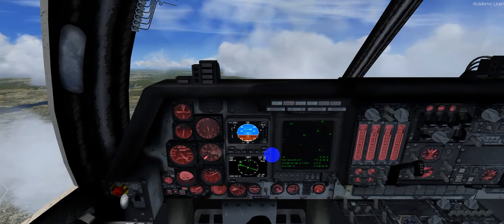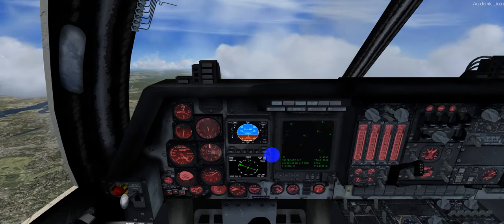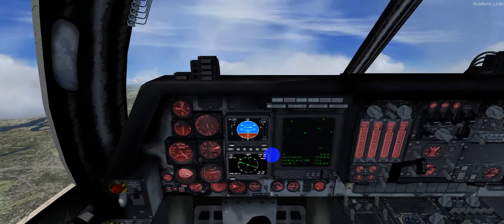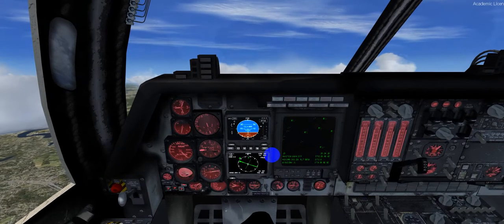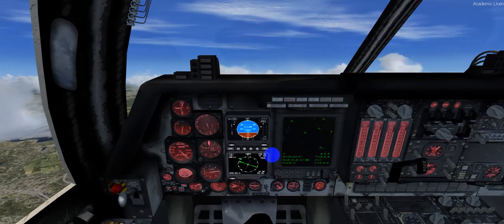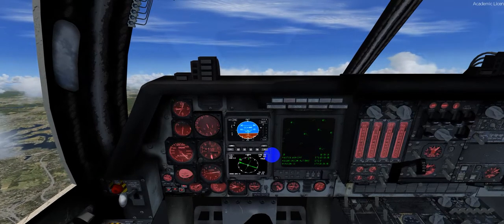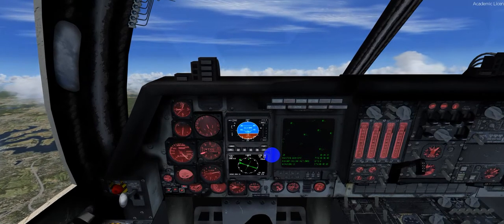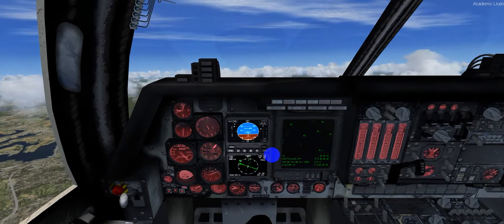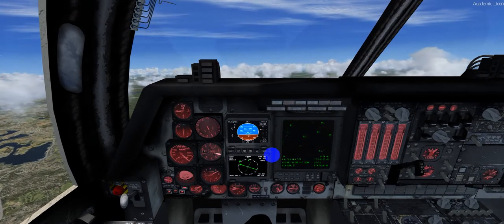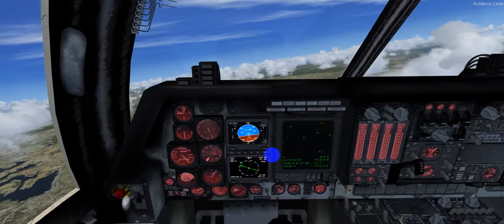All right, let's get ourselves above the clouds so we can see the horizon. A little bit better. Okay. All right, we won't see the horizon that well, but let's see here.